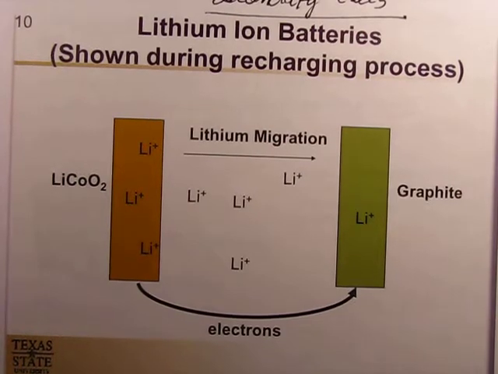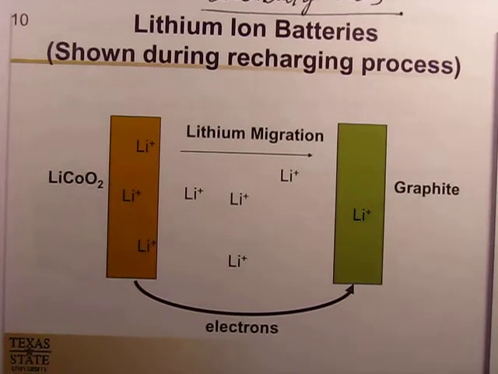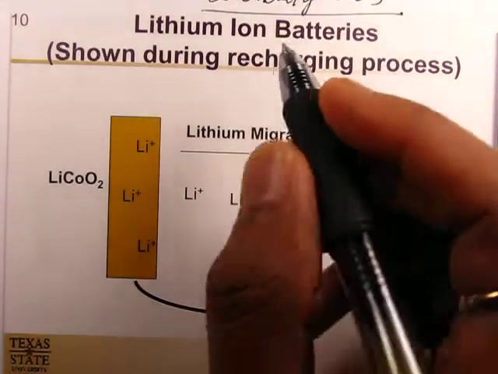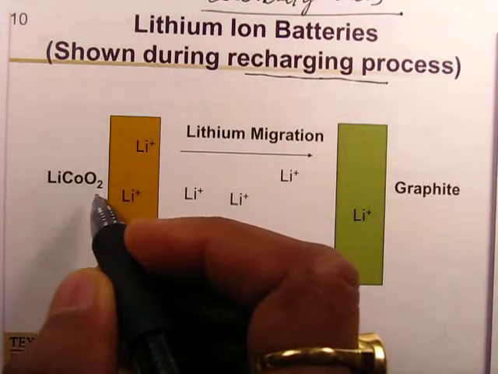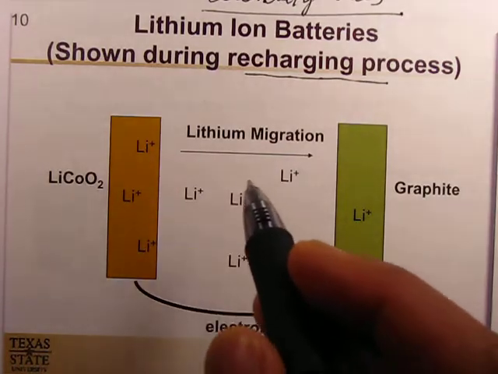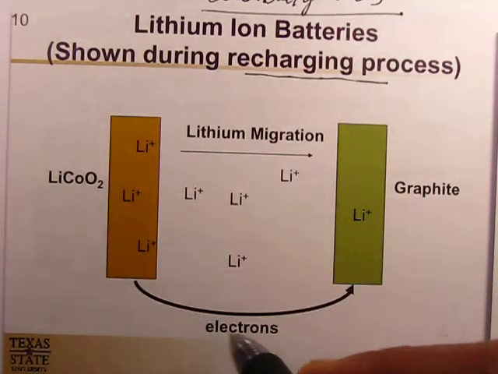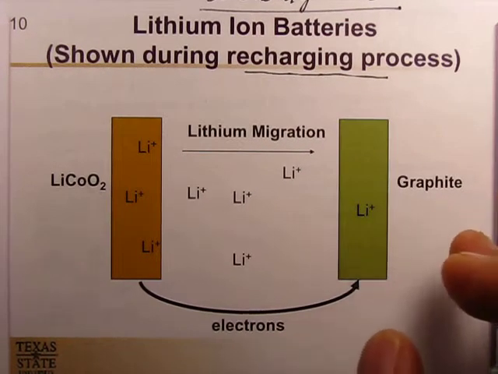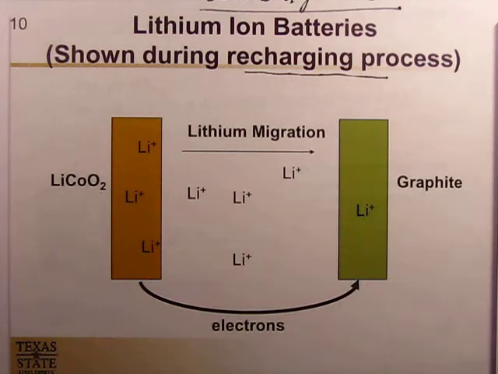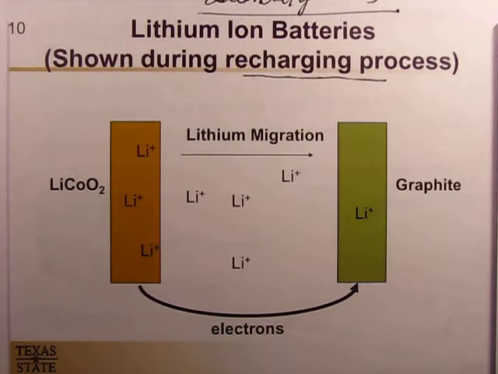They are also rechargeable batteries. So lithium cobalt oxide, and lithium ions migrate from anode to cathode. Graphite is used as the other electrode.